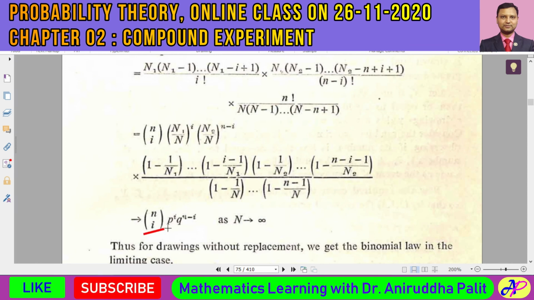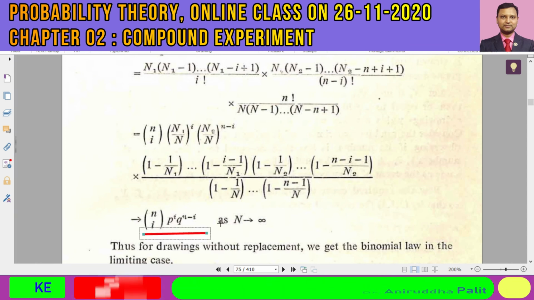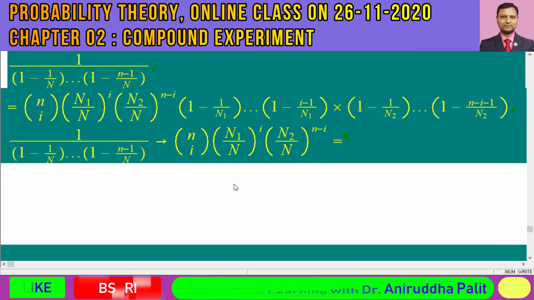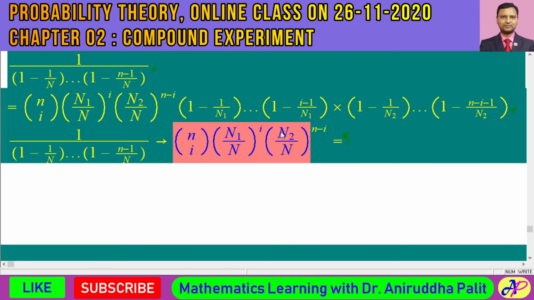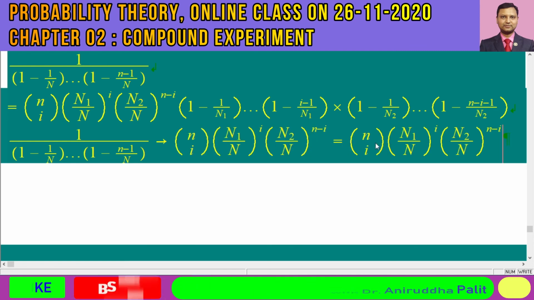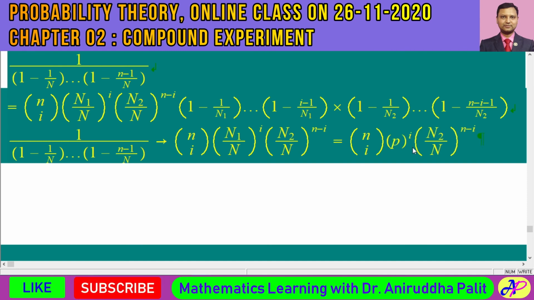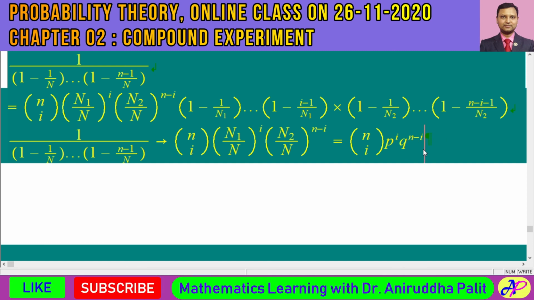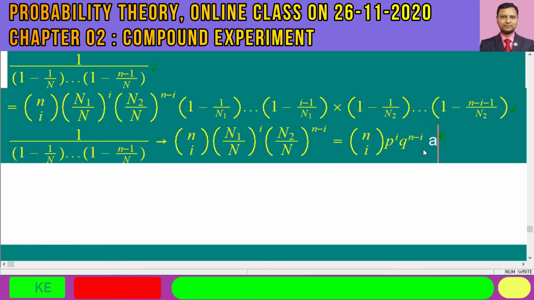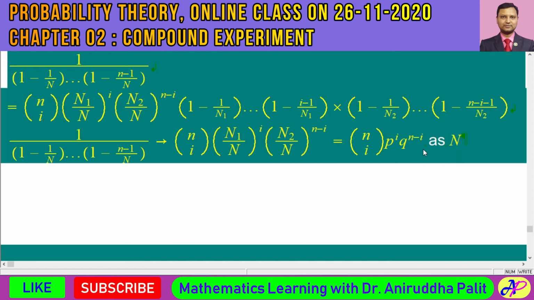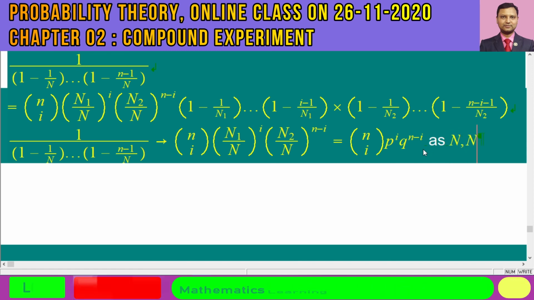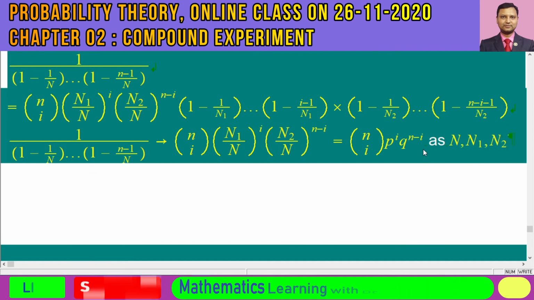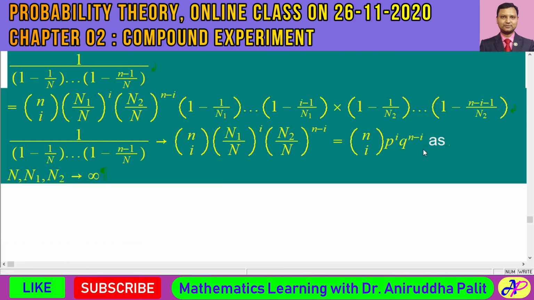And you can write it in this way, n C i p to the power of i q to the power of n minus i, because p is being taken as equal to n1 by n. So that would be equal to this p to the power of i into this q to the power of n minus i, as of course n, n1, n2 tend to infinity.